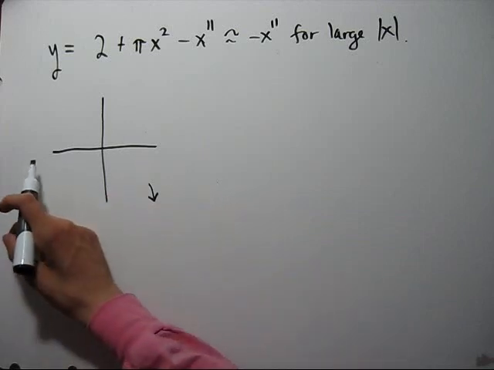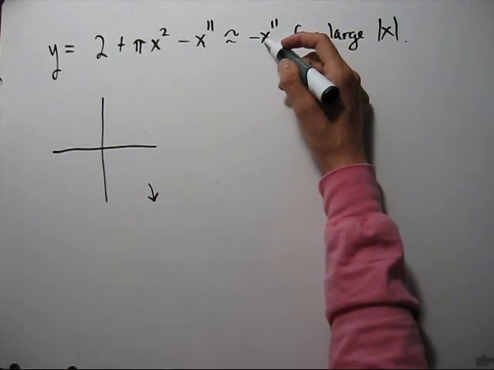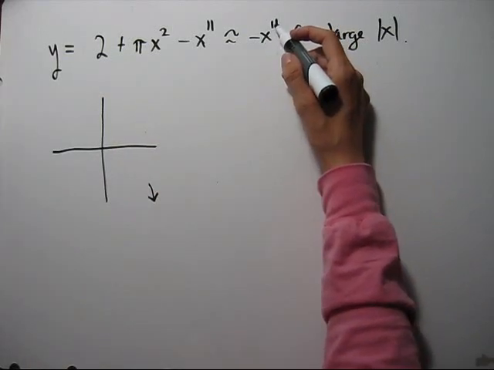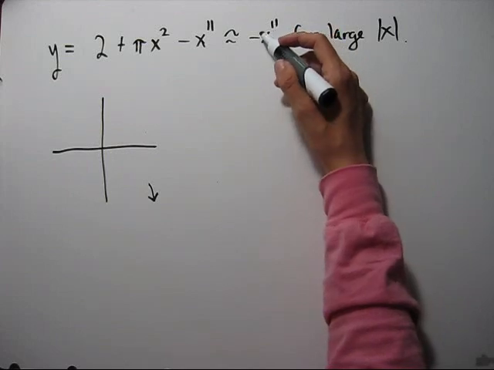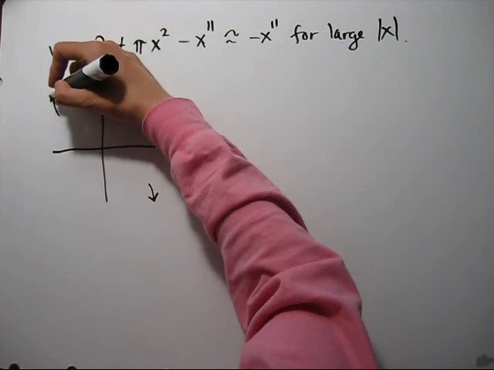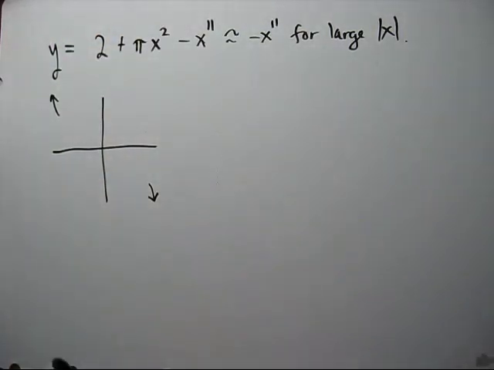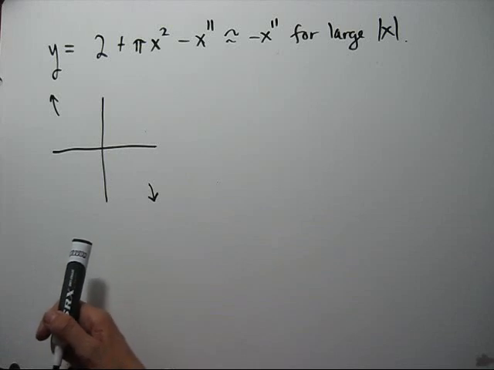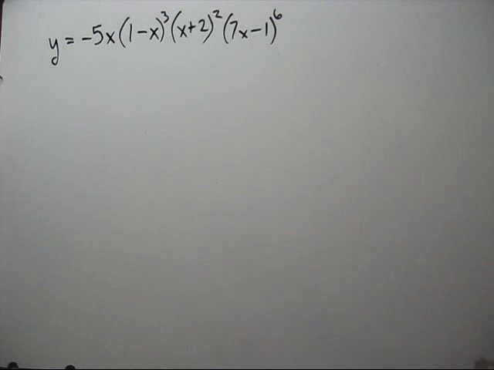Now let's put in a large negative number. A large negative number to the 11th power is still negative. Put that negative out front of that, it makes it positive. Now notice this is the same end behavior as negative x cubed.